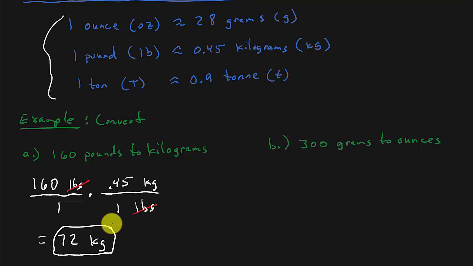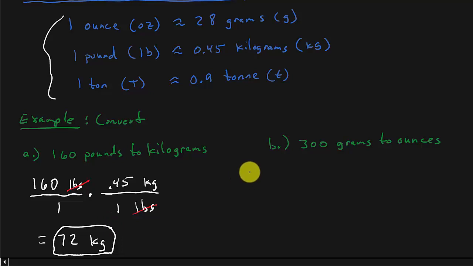Now what about this one? 300 grams to ounces. So I've got 300 grams, and I'm going to put that over 1 times, now going to ounces. I want ounces on top, and I need grams on the bottom because I need them to cancel out. Let's see if we have a relationship there.